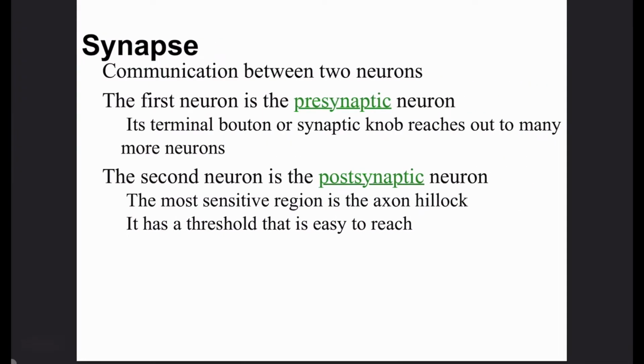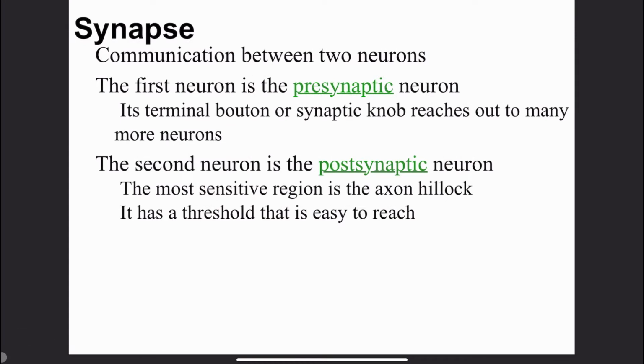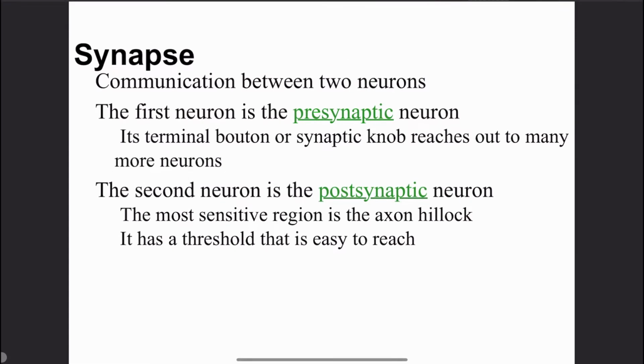The first neuron in a synapse, if it's between two neurons, is called the presynaptic neuron. The second neuron is called the postsynaptic neuron because it comes after the synapse. The presynaptic neuron communicates via terminal boutons or synaptic knobs.